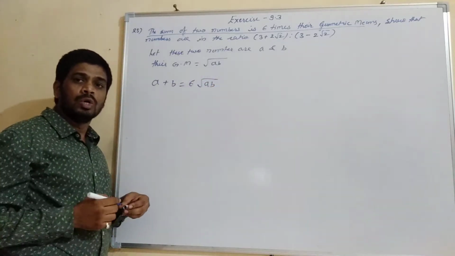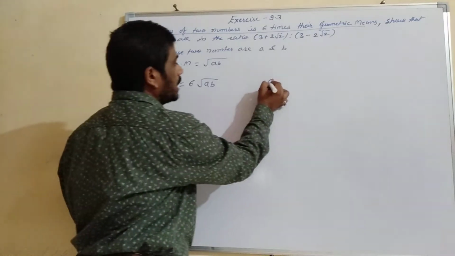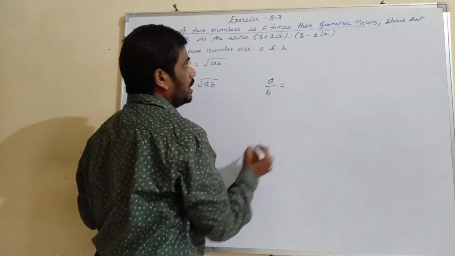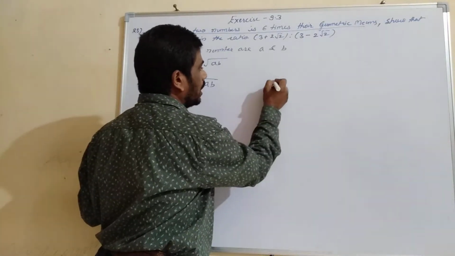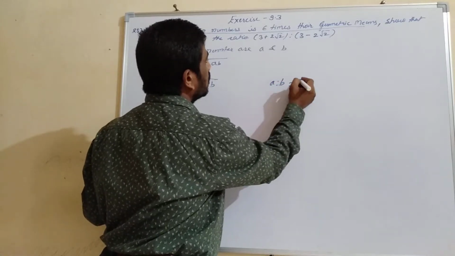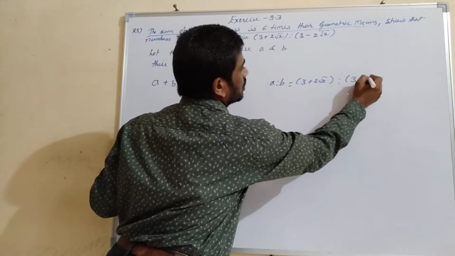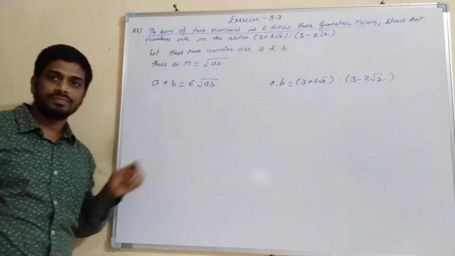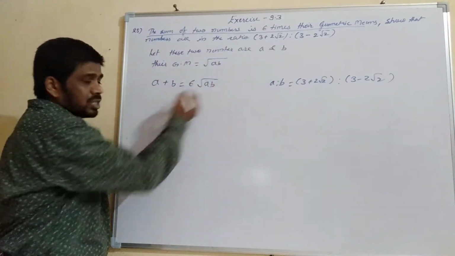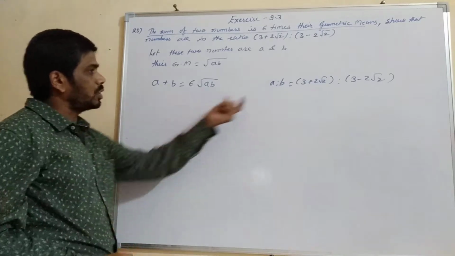Now we have to show that a is to b, or a upon b, equals 3 plus 2 root 2 is to 3 minus 2 root 2. This we have to show. So let us solve this equation so that we will get this.